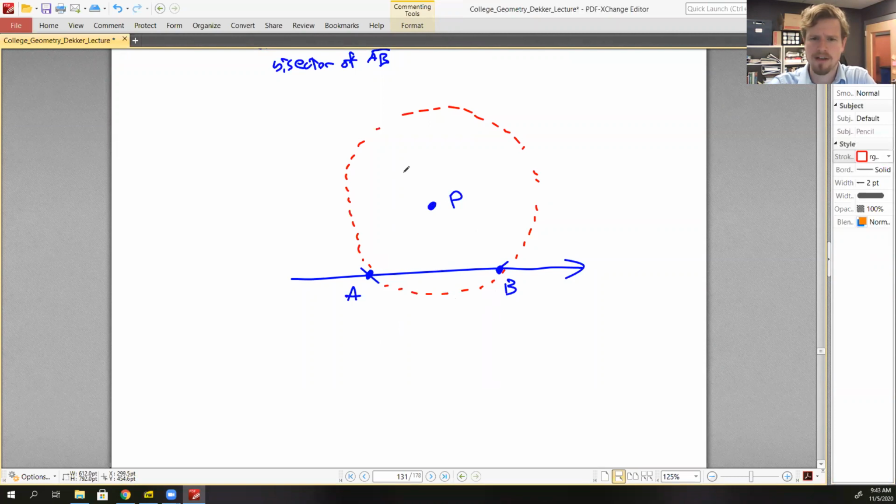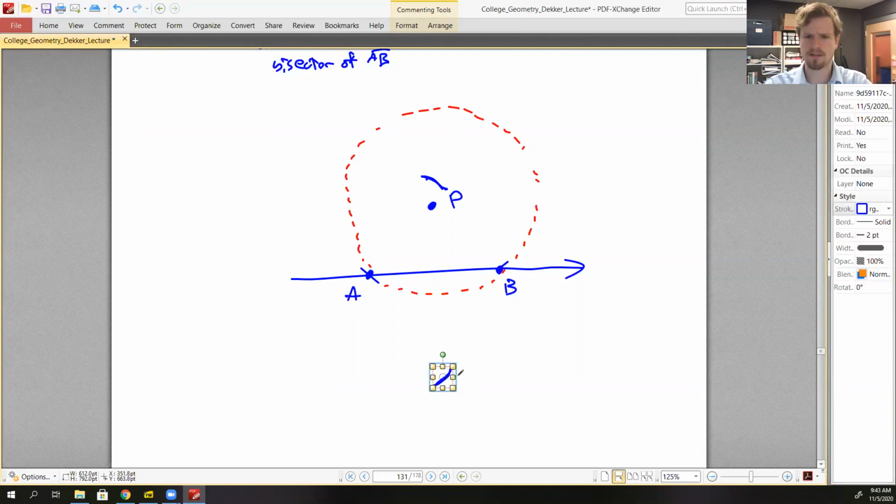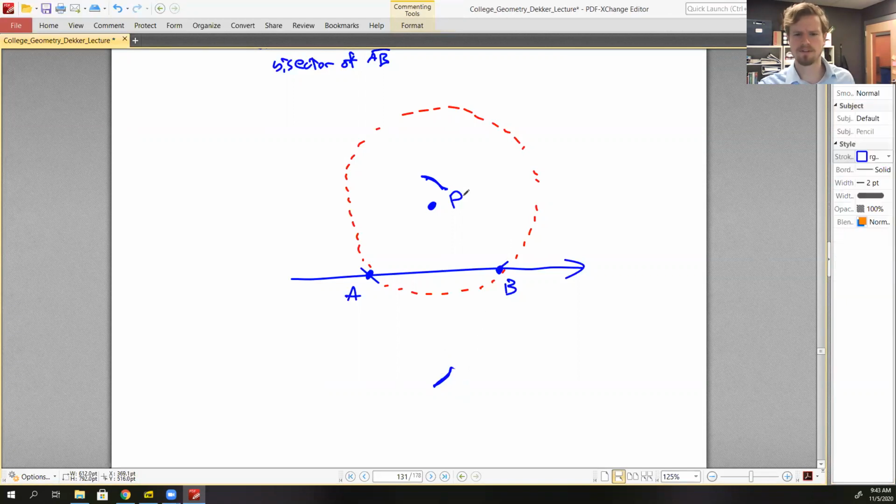So if we wanted to draw that large circle, it would be this entire circle. But we just want to mark the necessary points. So it would be somewhere around here and somewhere around here. And that might be a little bit too far. There we go. That looks pretty good.